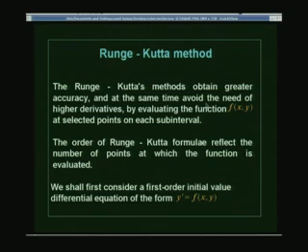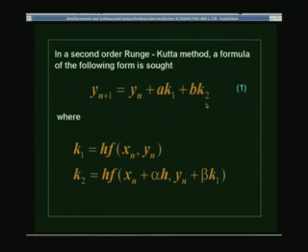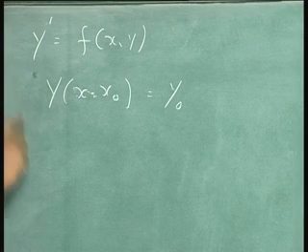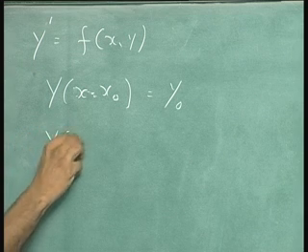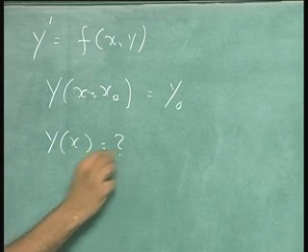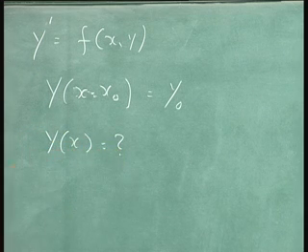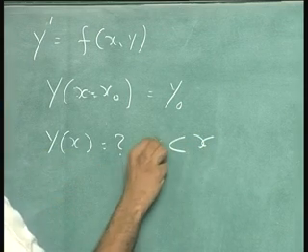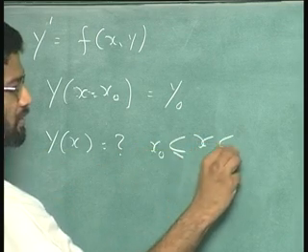So in the second order Runge-Kutta method, we write the solution as y n plus 1 equal to y n plus a k1 plus b k2. Remember, what we mean by solving such a differential equation is to actually find out what the functional dependence of y on x is. So y at x for a whole given interval, x greater than or equal to x0 to less than or equal to x1.